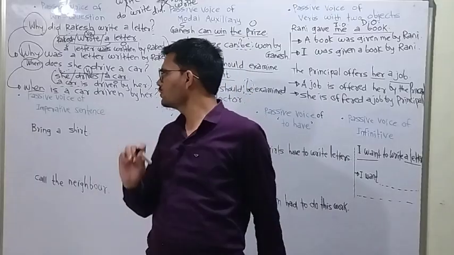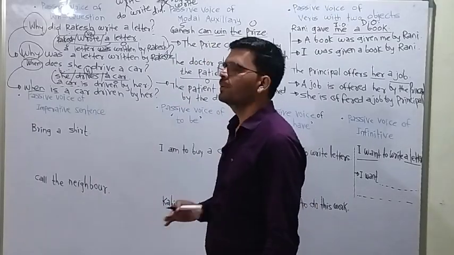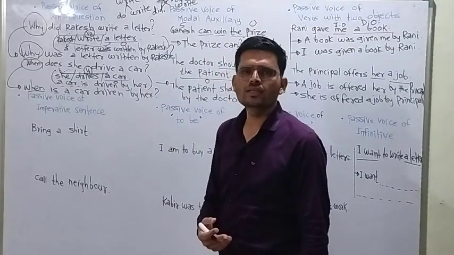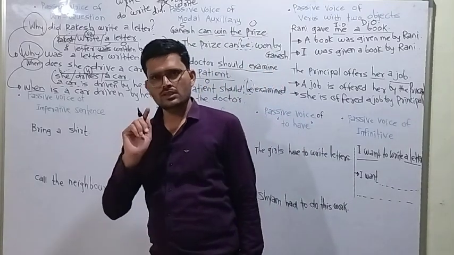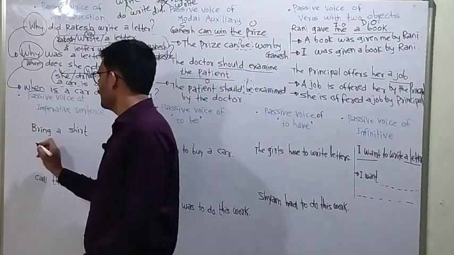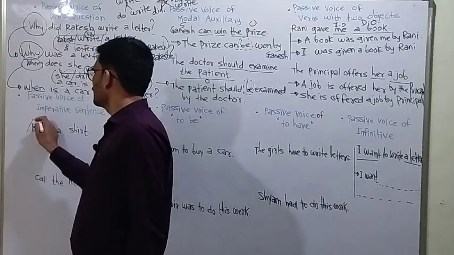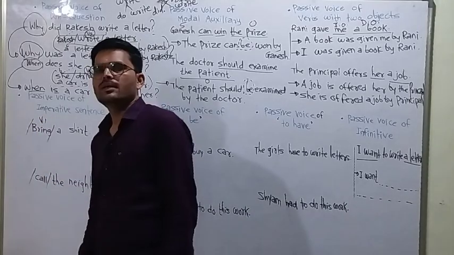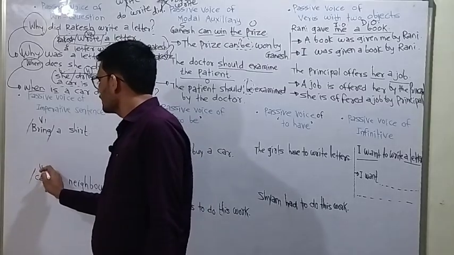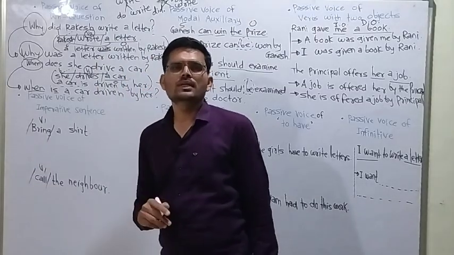Okay, the next concept is passive voice of an imperative sentence. So what is an imperative sentence? An imperative sentence is a sentence which always starts with the first form of the verb. For example, bring a shirt, that is V1. Next example, call the neighbor, that is also V1. So it is called an imperative sentence.